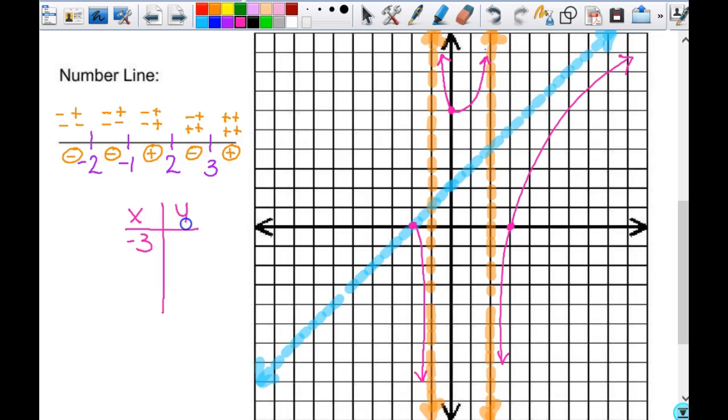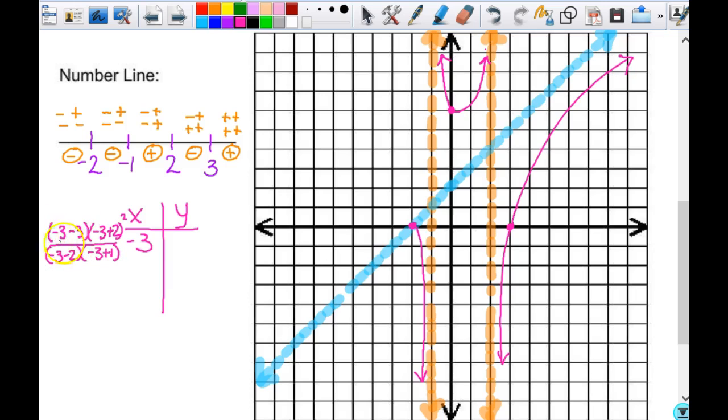And so if I take my -3 and I plug it into the factored form, I think that makes a little bit more sense to me. So this is going to be -3 minus 3 times (-3 plus 2) squared over (-3 minus 2) times (-3 plus 1).